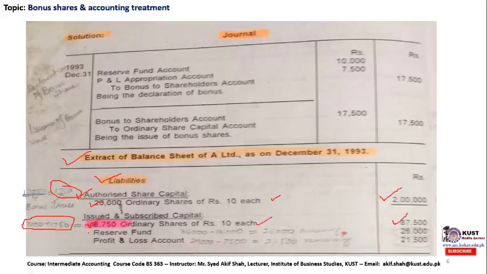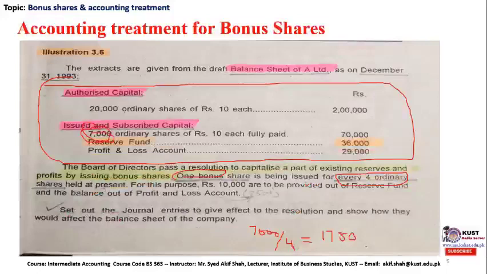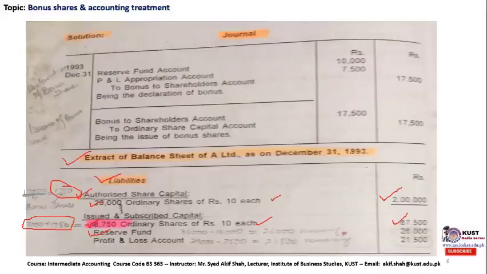The second adjustment in this section will be in the reserve fund, which was previously 36,000 in the question, and 10,000 has been appropriated in the issuance of bonus share. So therefore 36,000 minus 10,000 will be 26,000 remaining in the reserve fund.